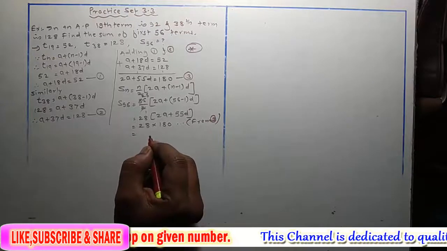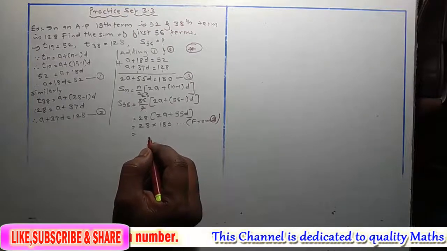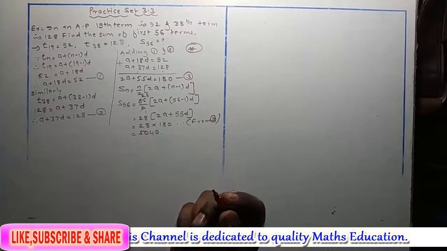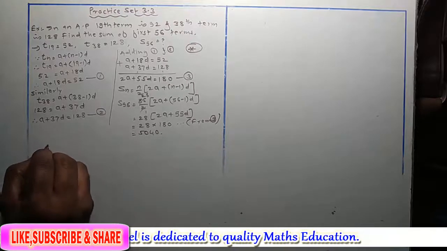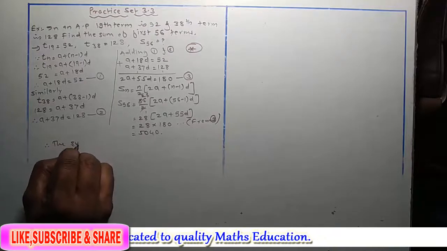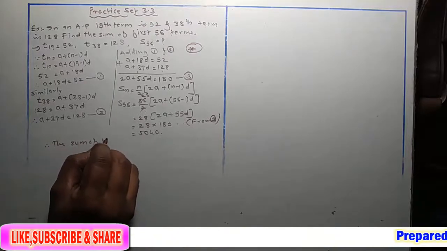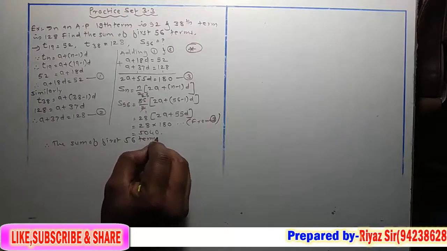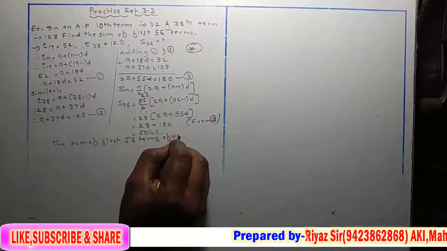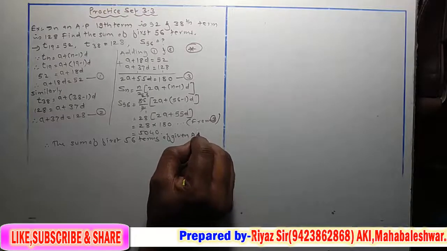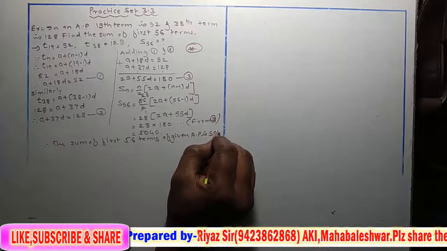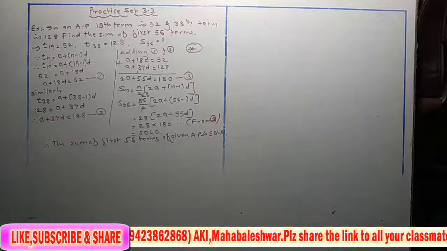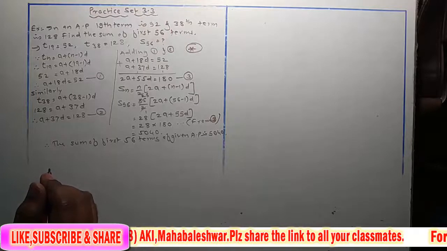And that is equal to, this multiplication we get as 5040, and therefore the sum of the first 56 terms of the given AP is 5040. Okay, so in this way we have to solve this example. Okay, now come to the next one.